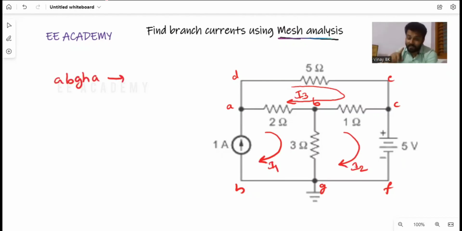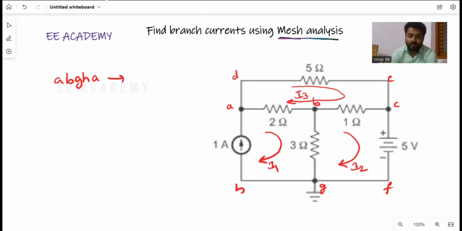The steps I explained in the last video are: first give namings, then give loop direction along with the current if they are not given. If they are given, you can use that loop direction along with the current only. So here I am giving three loop directions along with the current, that is I1, I2, I3, because it has three loops. Clear? In the first loop, we can see there is a current source.